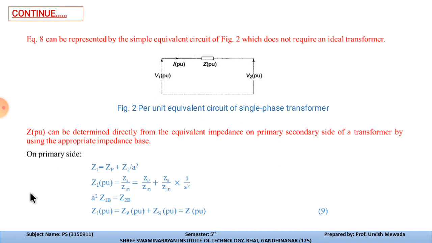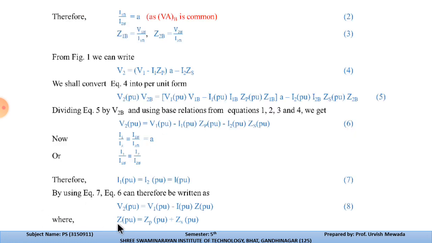So ZPU can be determined directly from the equivalent impedance on the primary or secondary side of the transformer using the appropriate impedance base. So Z1 is equal to ZP plus Z2 by A square, because both are shared in the primary as well as the secondary, so it is divided by A square. From this equation Z per unit is equal to ZP per unit plus ZS per unit.